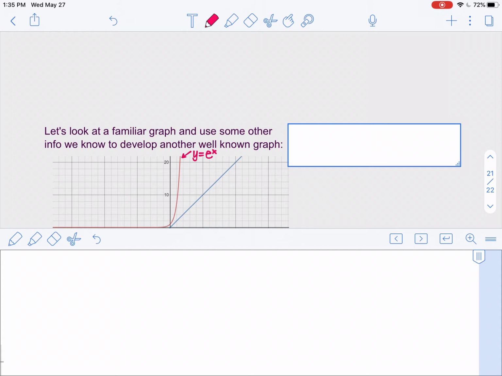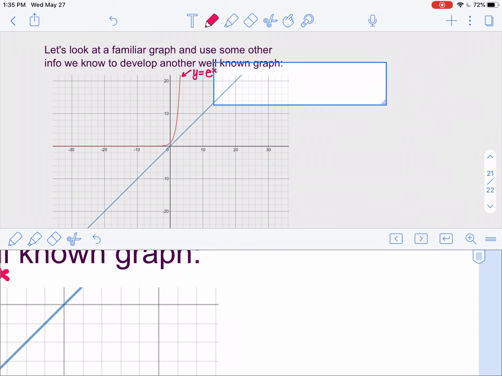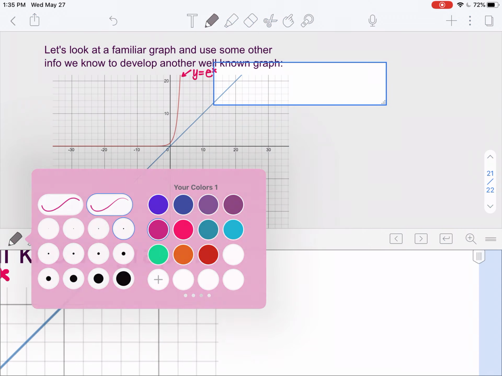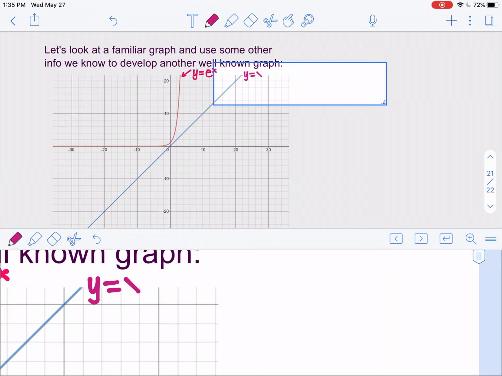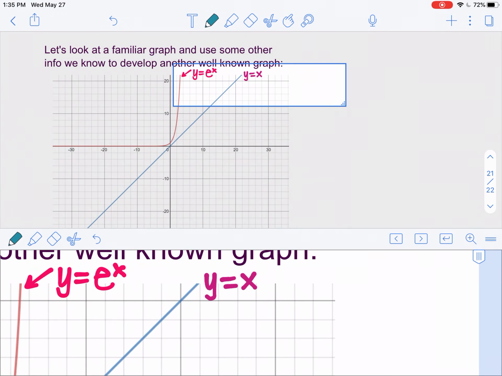We also know that inverses are reflections over the graph of y equals x, and that's why I included this line on this particular graph. So what we are going to do is reflect the graph of y equals e to the x over the line y equals x, to come up with the graph of what natural log x looks like.